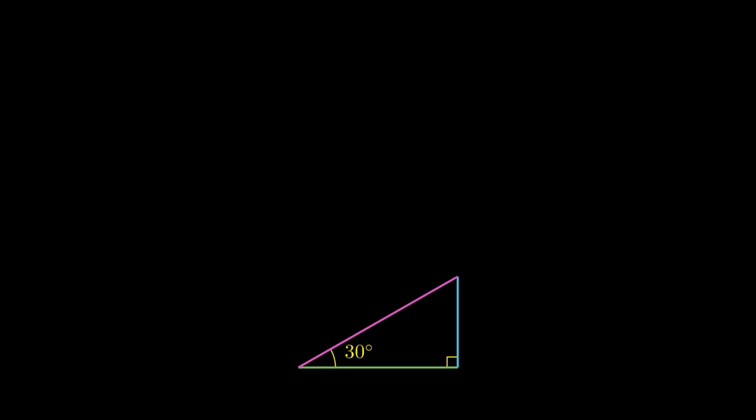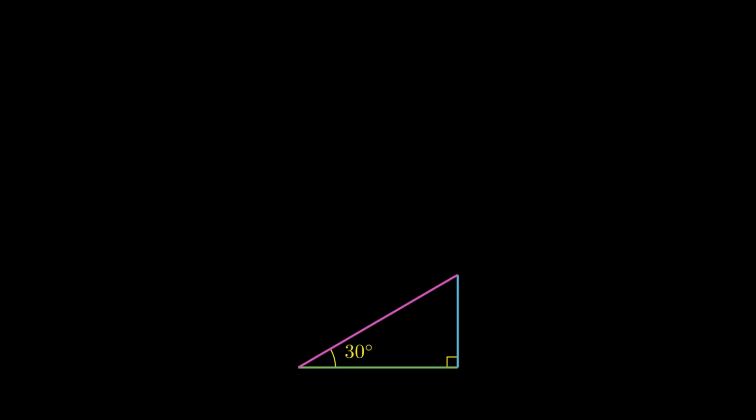The lengths of those sides are still unknown. But it does tell us how they compare to each other. So for example, for every right-angled triangle with a 30-degree angle like this, it's always true that if we compare the blue side with the pink side, the blue one is always exactly half the length of the pink one.